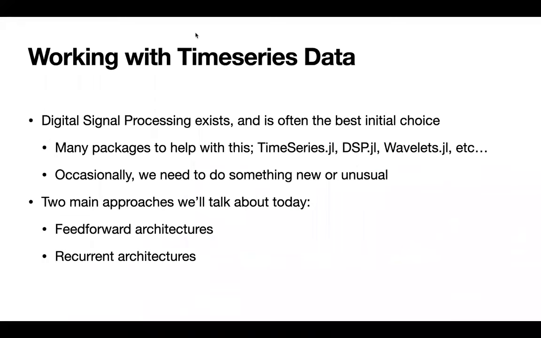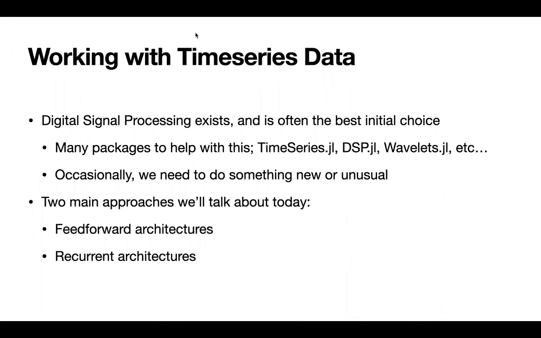So when we're working with time series data, there's many different ways that we can do it. And spoiler alert, we're going to be using machine learning. We're going to be using Flux and the capabilities of Zygote and all those packages that we've been building up in the Julia ecosystem. But before jumping to machine learning, there is a large wealth of tools that exist that you can use to solve problems.